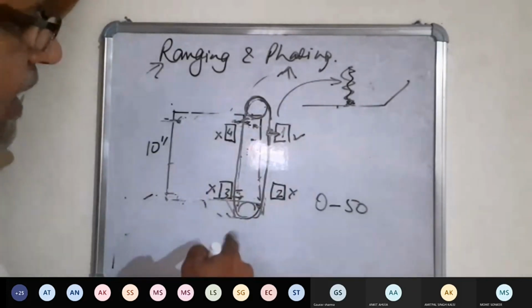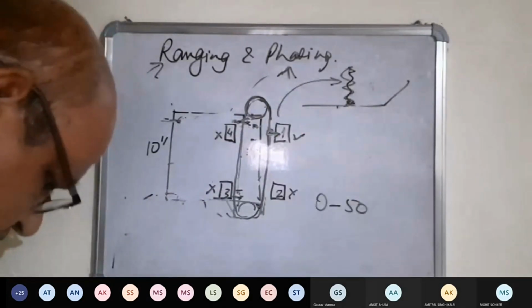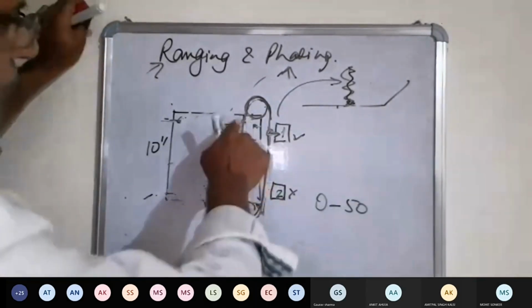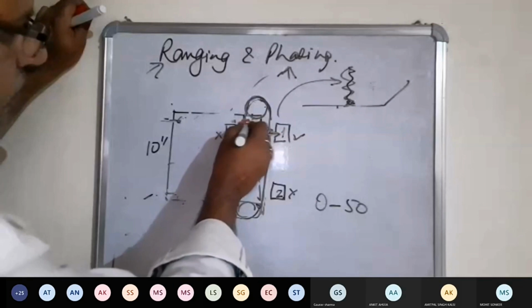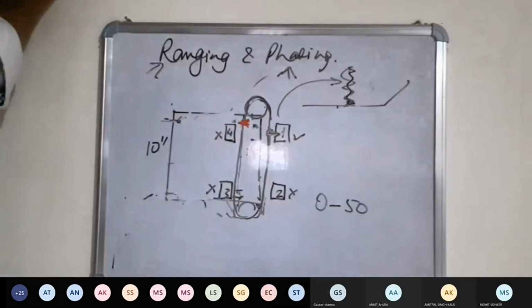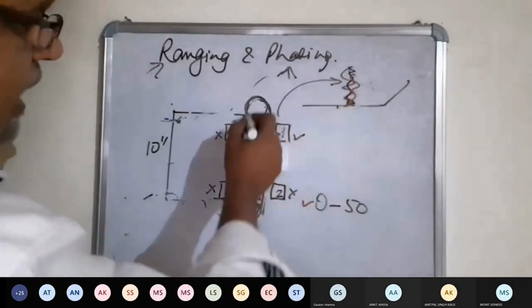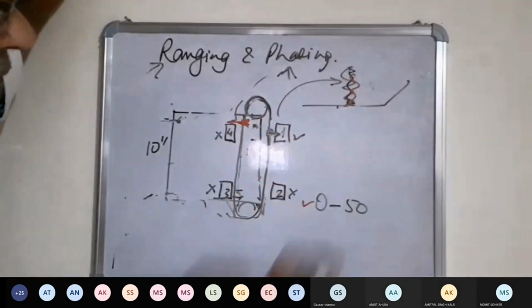But incidentally, during that time, when the pulse is starting, the stylus is at 0 position. So this range is okay. The pulse is starting and the stylus is at 0 point.